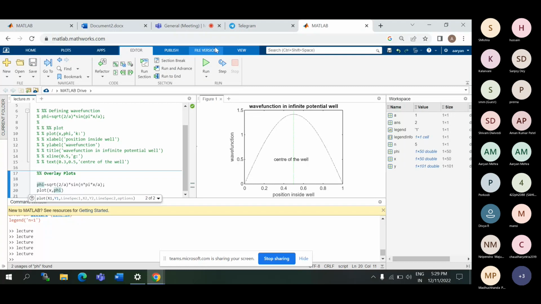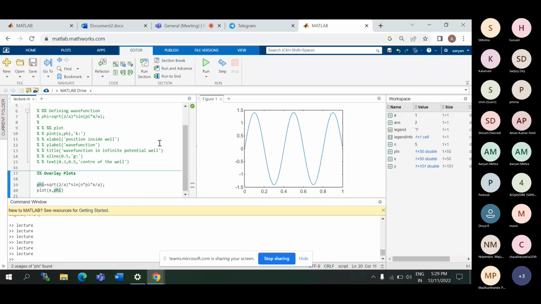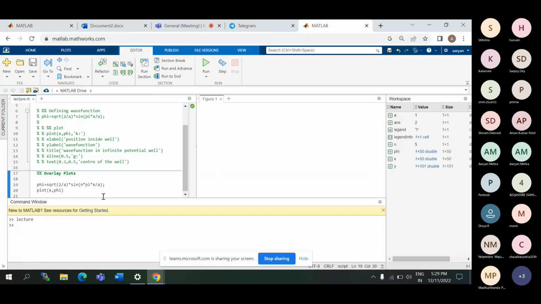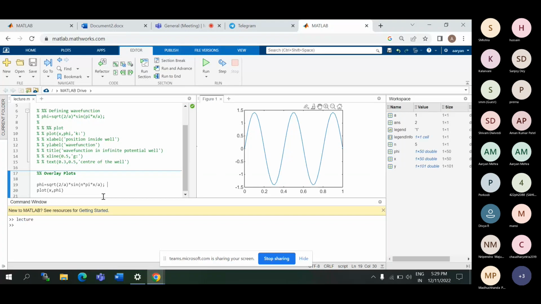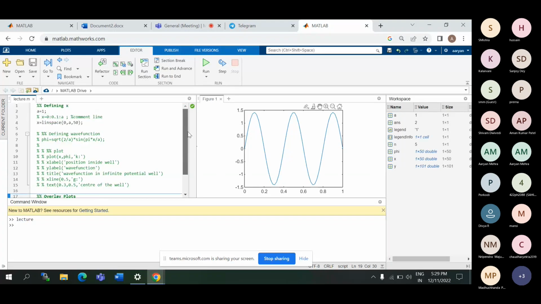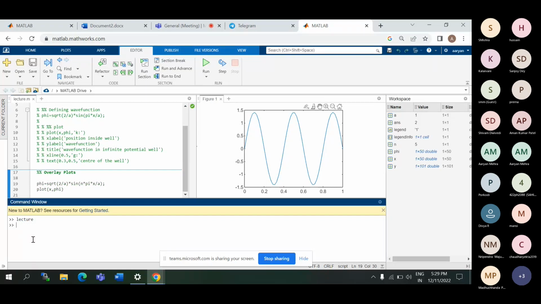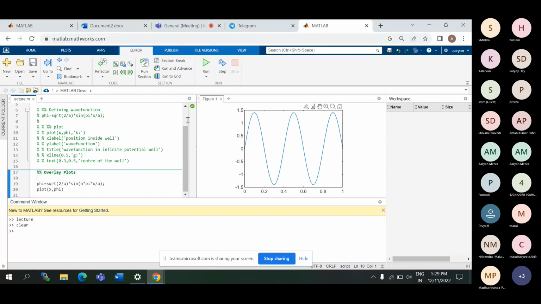What does it show you? Okay, x versus phi. Let's see. Now see.